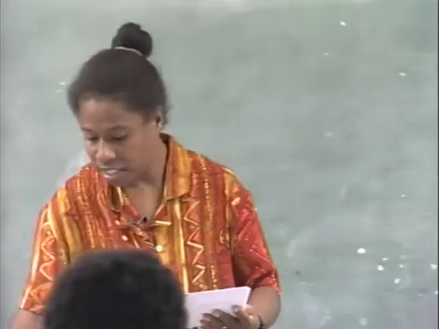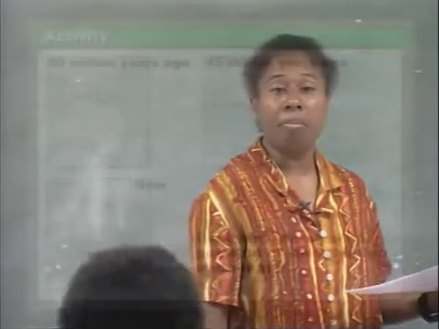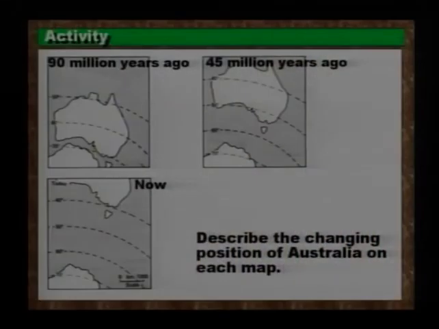Okay, the first activity was you had 3 maps of Australia. Those 3 maps showed the position of Australia 90 million years ago. The second map showed the position of Australia 45 million years ago. And the third map showed the position of Australia now or today.